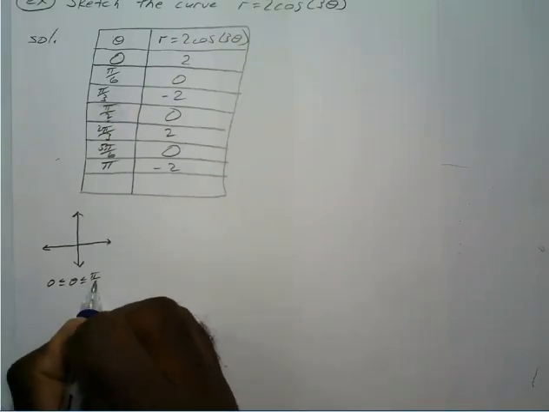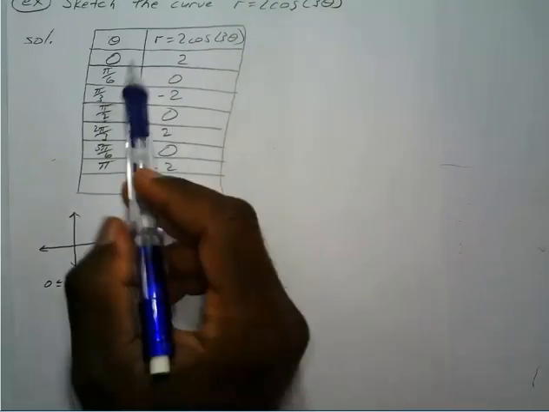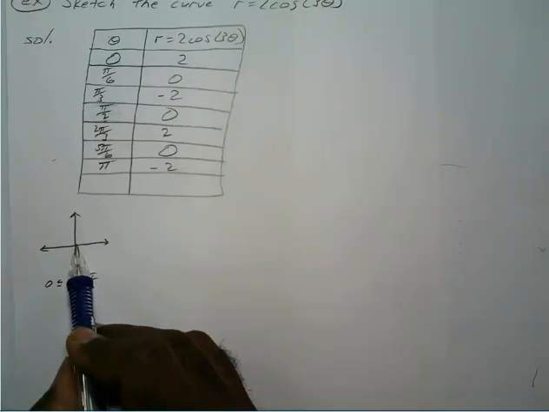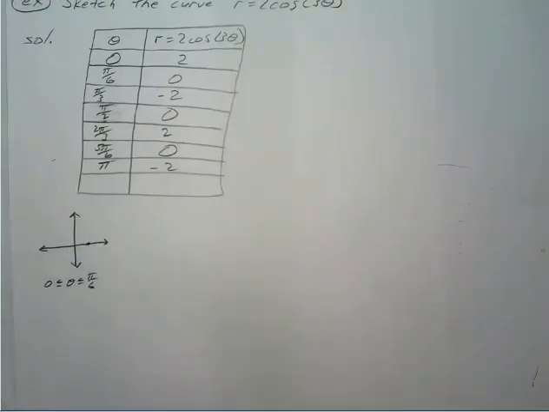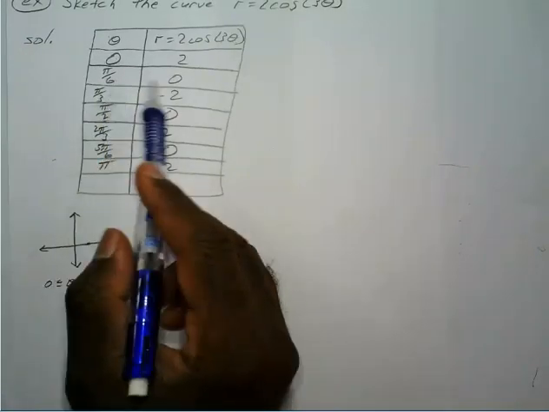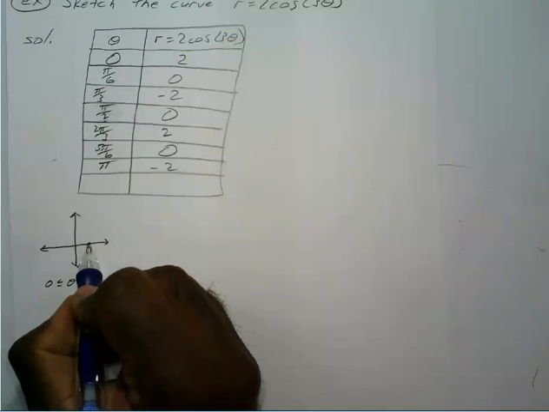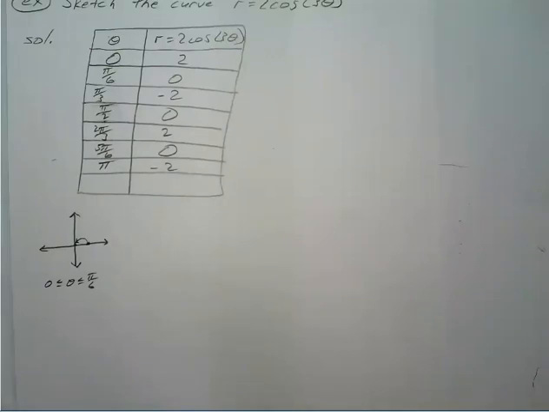When theta equals 0, you have a radius of 2. So it starts here, that's 0, 2. Then pi over 6 to 0. That means it starts here and it goes here. So that's how it looks to start.